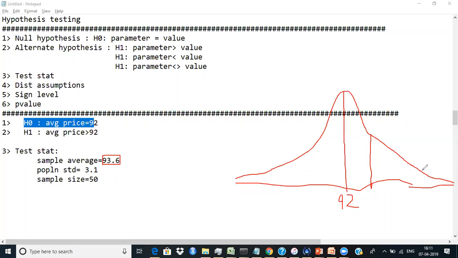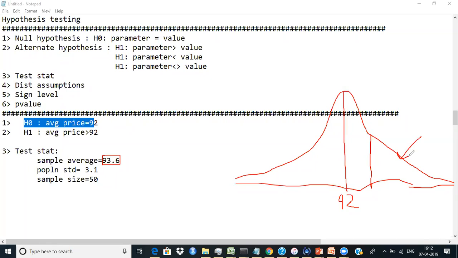If this probability is very low, it means that getting a value of 93.6 with a mean of 92 is highly improbable. Now let's say this area is really small.